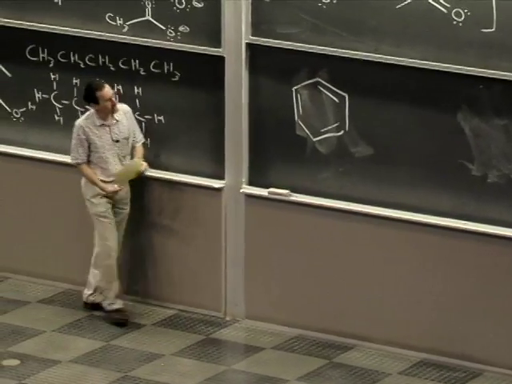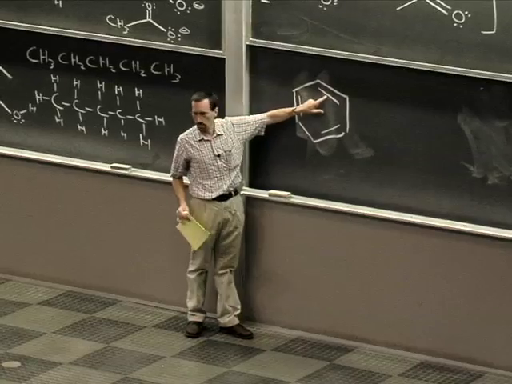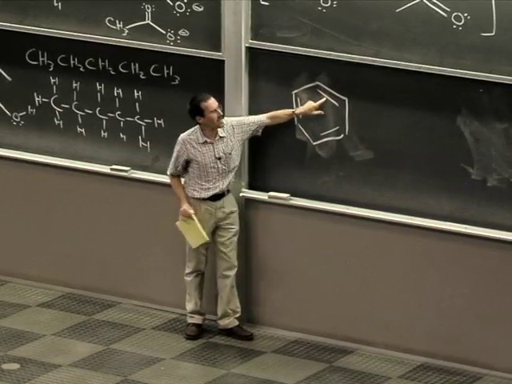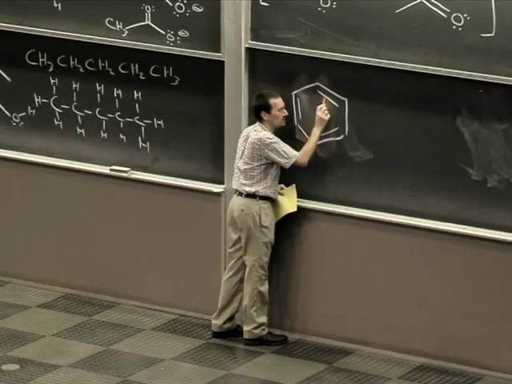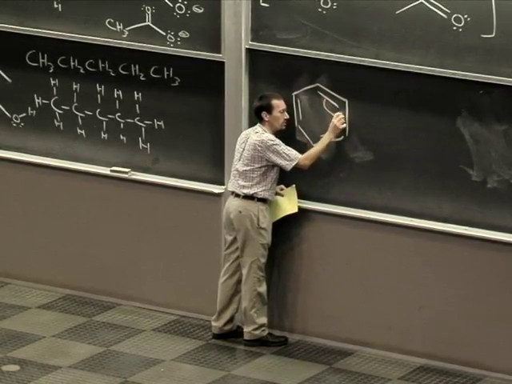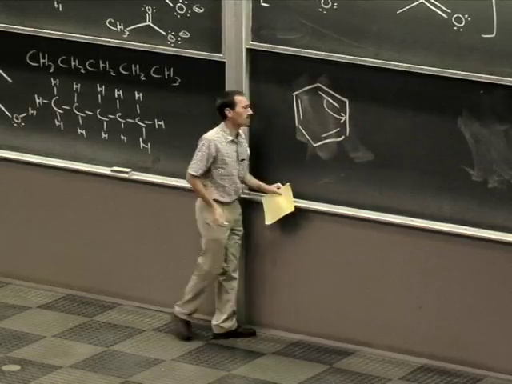So if we imagine moving this double bond, the pair of electrons making up this double bond, over between the 2 carbons on the right.